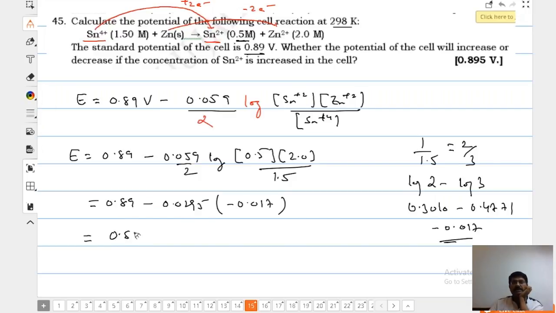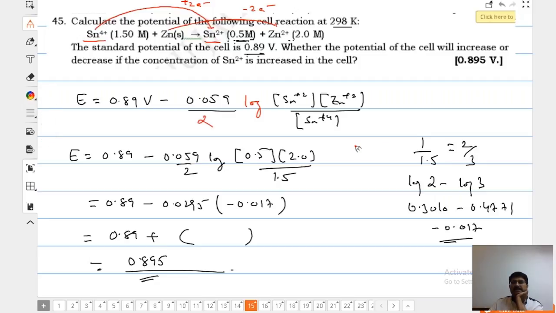Can you give me the answer, bachche? Because we have two components. Basically that was the Guru Mantra. Otherwise, what is K? It is product by reactant, right? 0.895.